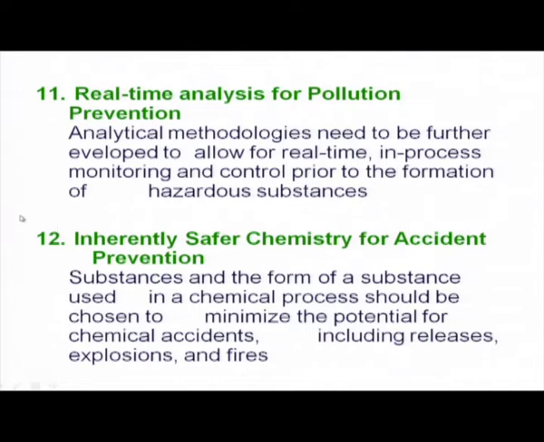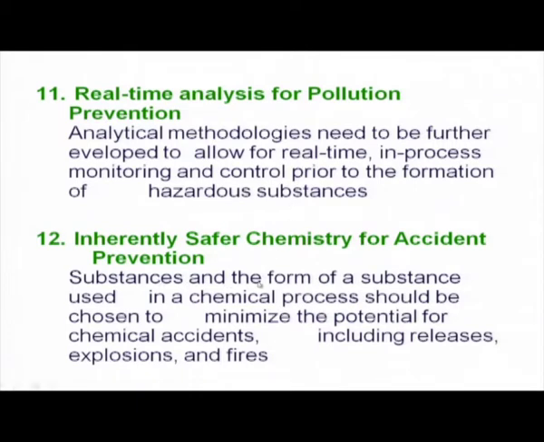And the final 12th principle is inherently safer chemistry for accident prevention. During any synthetic process, most of the time one of the unwanted things is that accidents happen. This should be minimized.